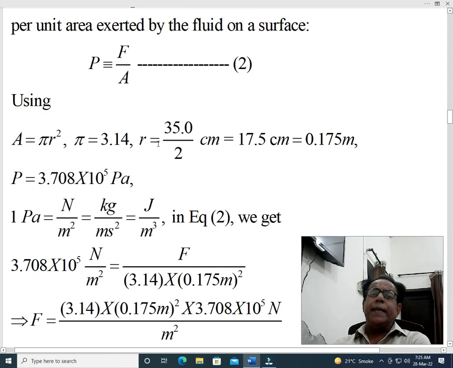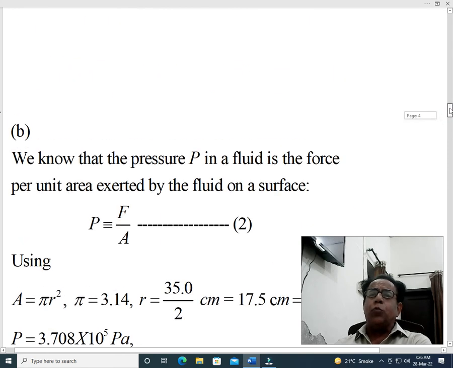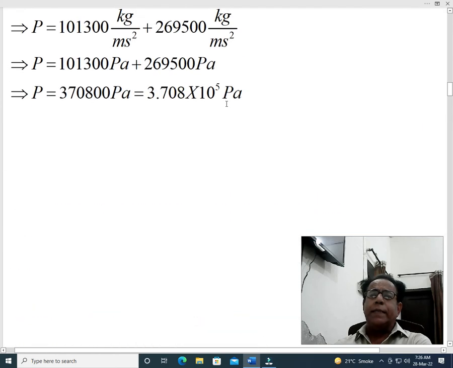So radius from diameter 35 centimeter has become equal to 0.175 meter. Here P is that which we have calculated in part A of this problem. So in place of P, we will use the value which we calculated in part A.